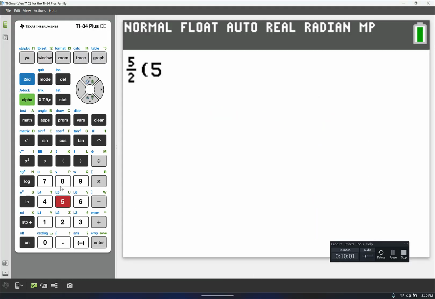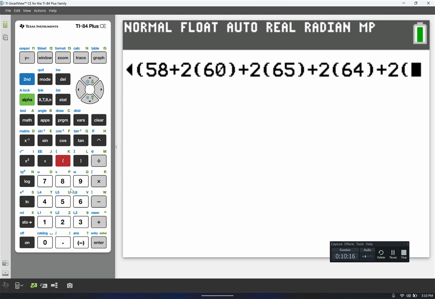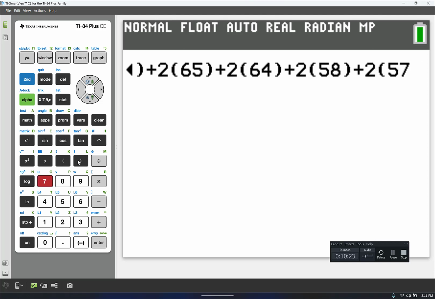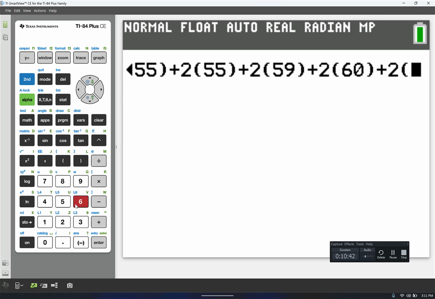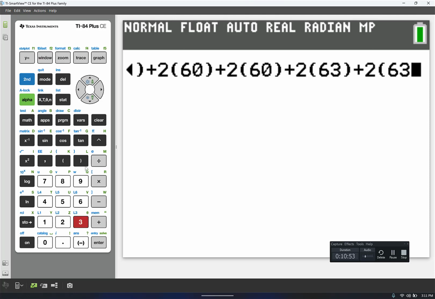Hold on, 58 plus what? 2 times 60 plus 2 times 65, 2 times 64, 2 times 58, 58 plus 2 times 57 plus 2 times 55 plus 2 times 55 plus 2 times 59 plus 2 times 60 plus 2 times 60 again plus 2 times 63 plus another 2 times 63, and then 63.